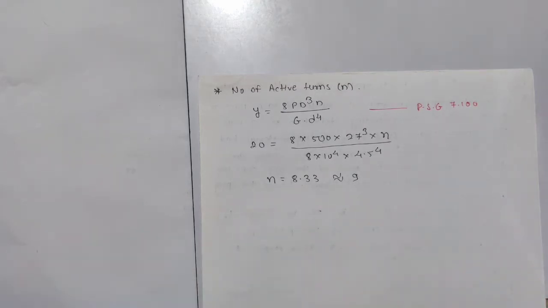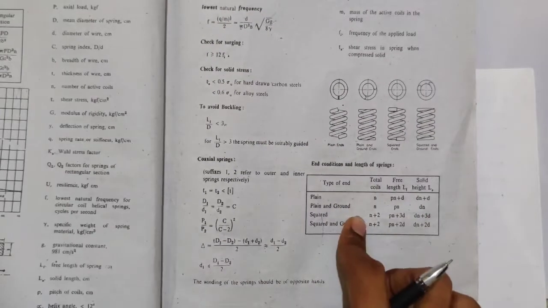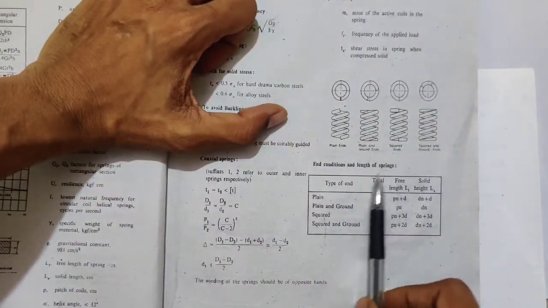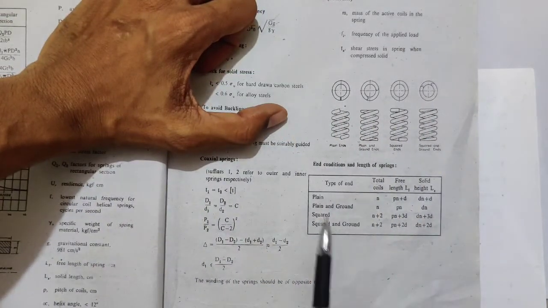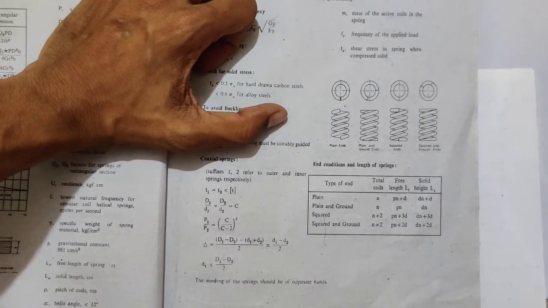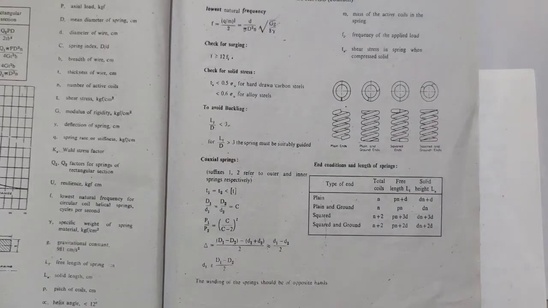Alright, if you have seen the last video, you must have understood the types of ends. Now we have to select the type of end. Which type of end to be selected? We have 4.